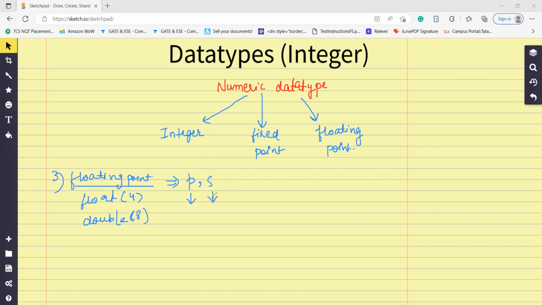Okay, now let's take one example. Here, if I'm going to write down float 3, 2, and let me take the same example, something like 5.93. So again, the meaning is the same. The precision is 3 here, and scale is 2.